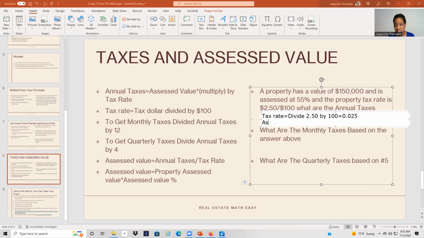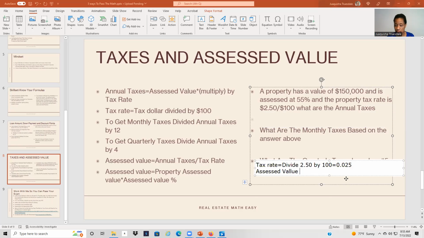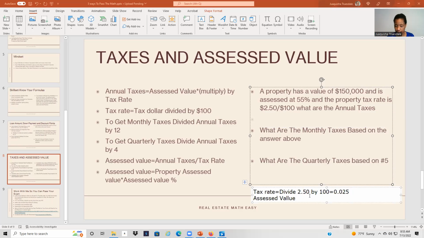Now we got to get the assessed value. And that's equal to 150,000 times 55%. So when you multiply those two together, 150,000 times 55%, that's 82,500.